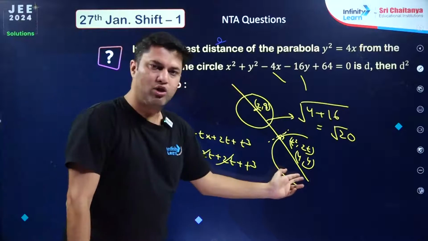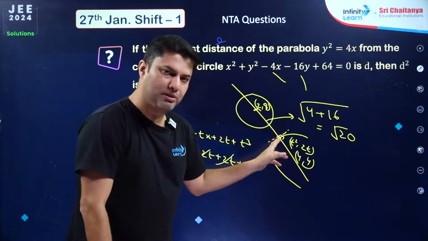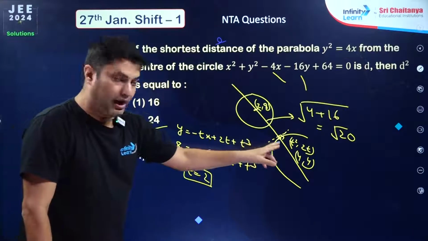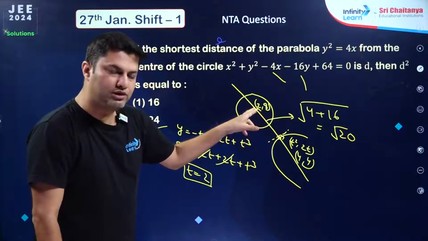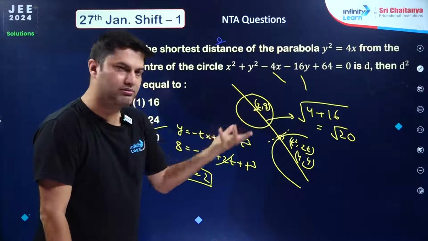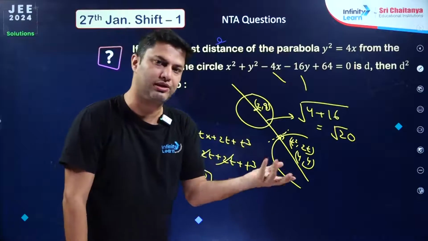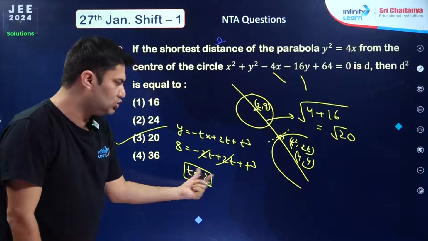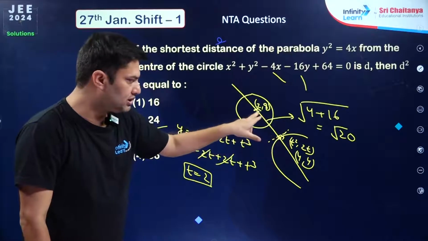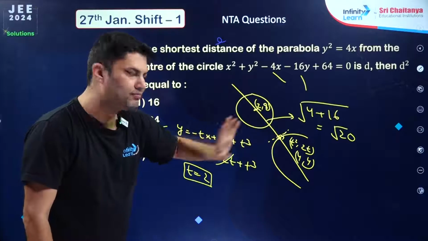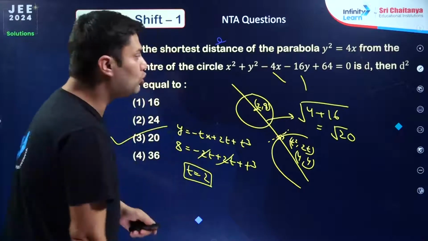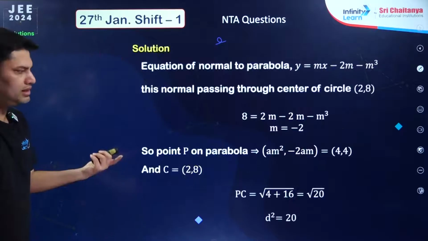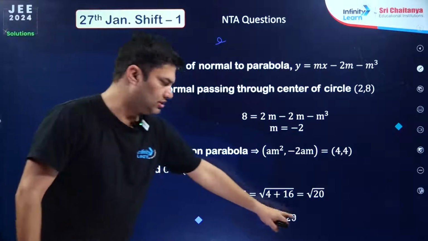The shortest distance always lies along the common normal, the normal to the parabola at some parametric point, and also passing through the center of the circle because the normal is common. So the normal of the circle means passing through the center. So 2 comma 8, t is 2, this point we got. So this distance they're asking, which is root 20. Yes, hence the answer is 20.